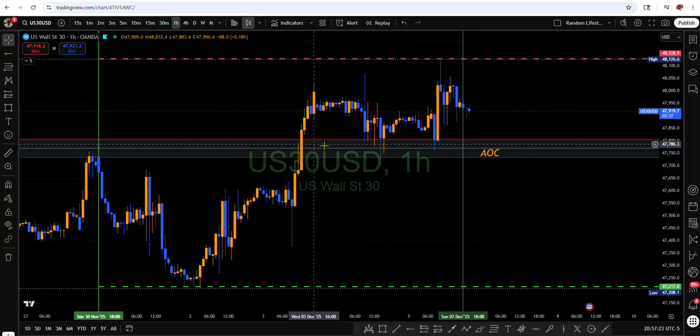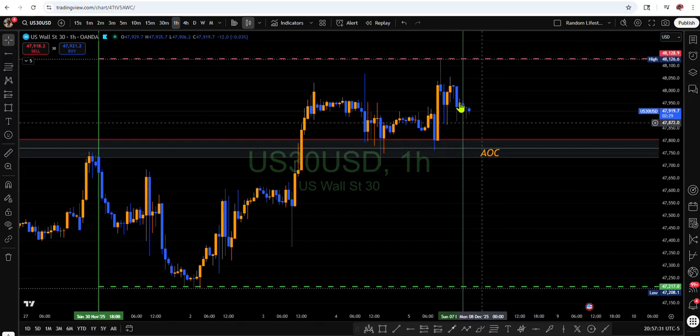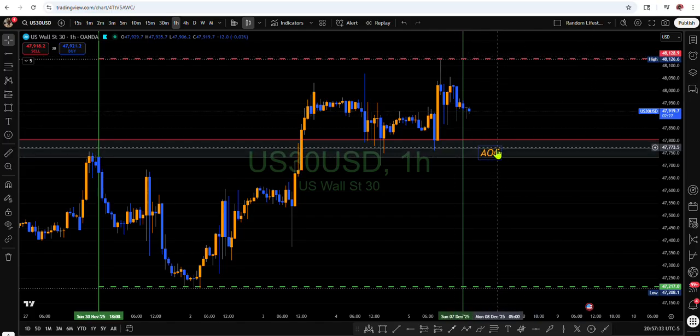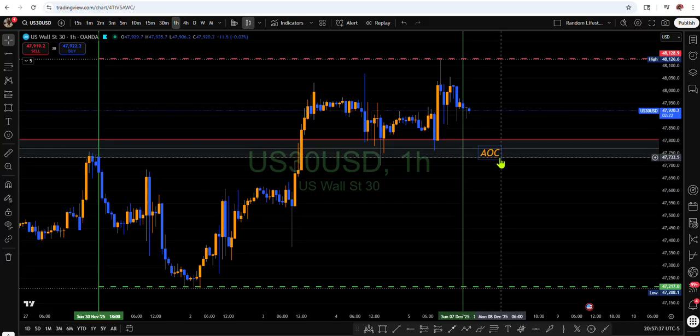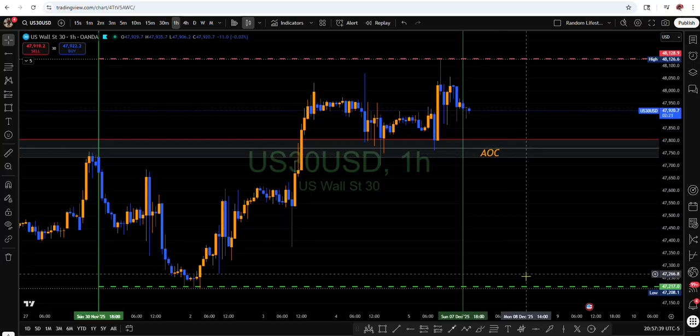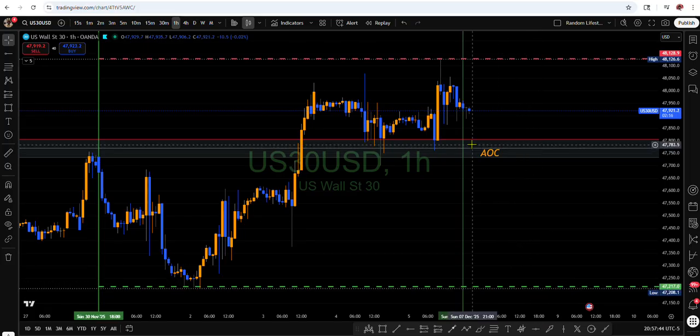If we come into this area, more than likely we're going to bounce off of it and go back up to the upside, because the market is very bullish right now. If we come down, we're probably going to break it, create another lower high, and then go back down to this area right here. If we go right down to this area, I'm looking for sells all the way down.